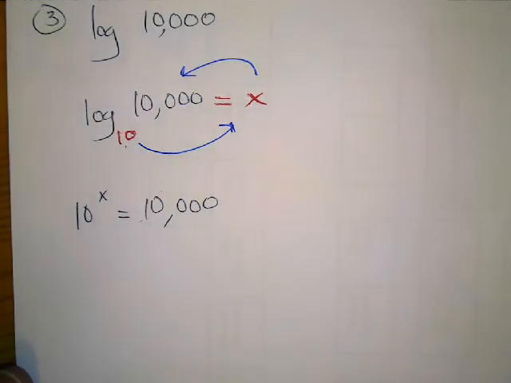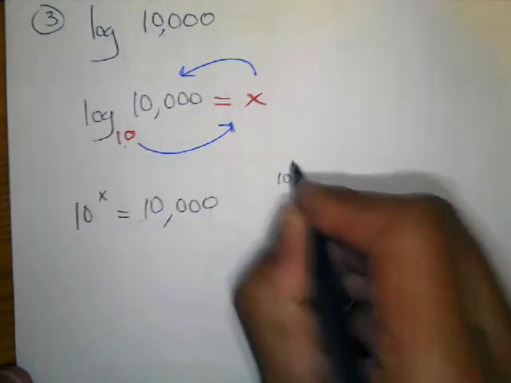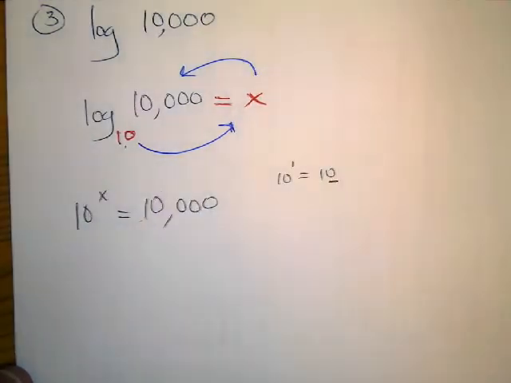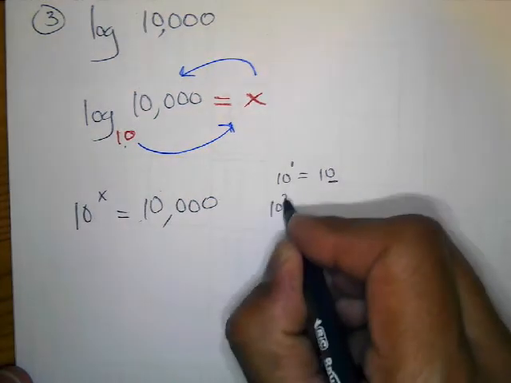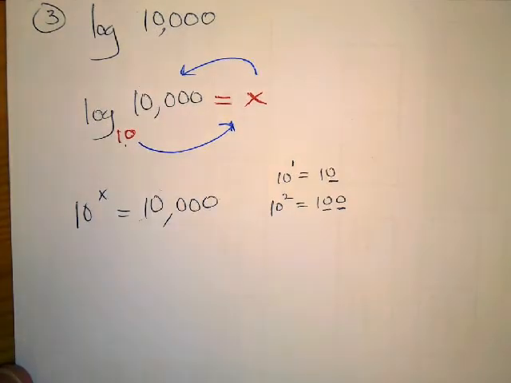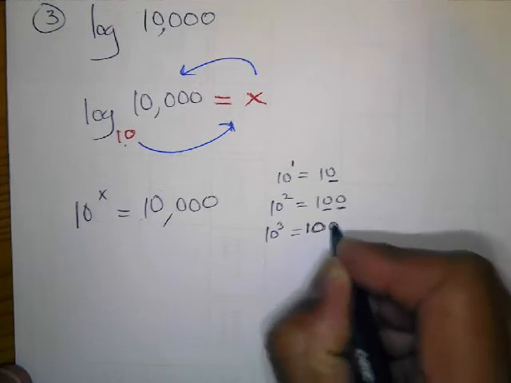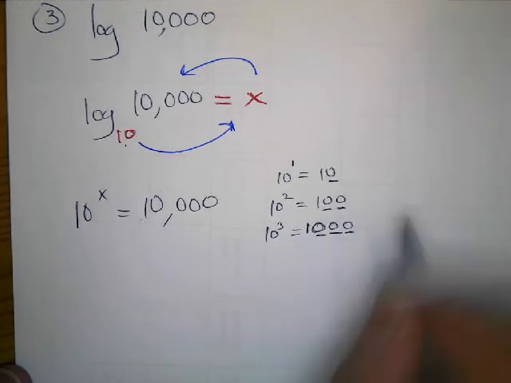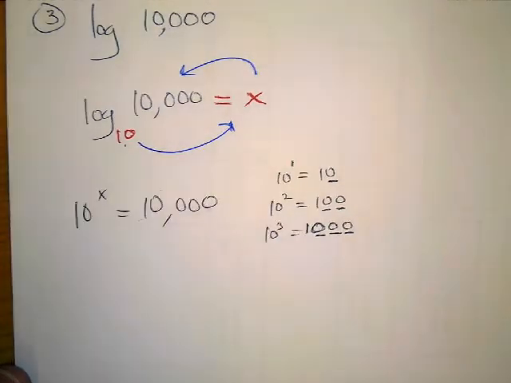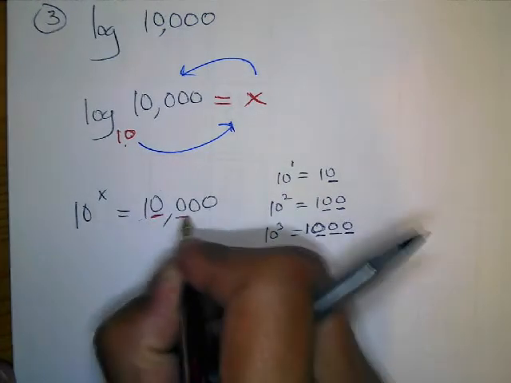Because from here, it's just about bases and exponents. The answer is yes. Notice that 10 to the power of 1 has 1 zero. Notice 10 to the power of 2 has 2 zeros. 10 to the power of 3 is going to have 3 zeros. See, the power tells you how many zeros.